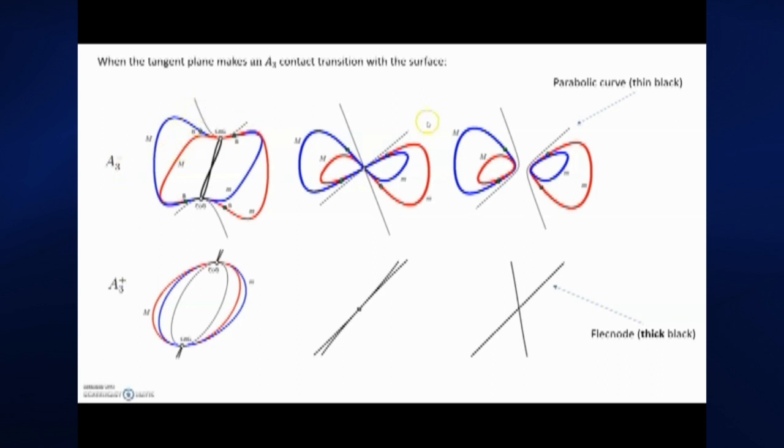In the first, we have a hyperbolic Morse transition, or a crossing, and in the second example, we have an elliptic Morse transition, where the parabolic curve shrinks to a point and disappears. Now, the thick black curve refers to the flecnodal curve, which is a related idea to the vertex curve. This is to do with contact with lines rather than circles.